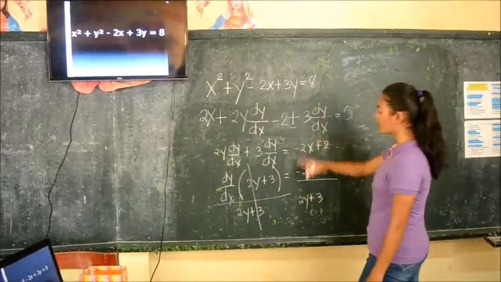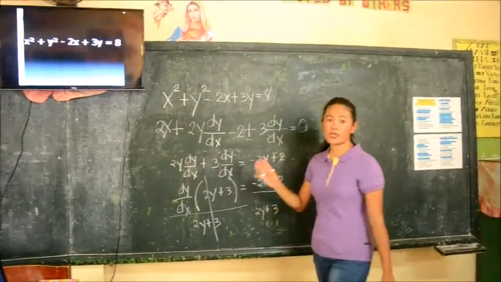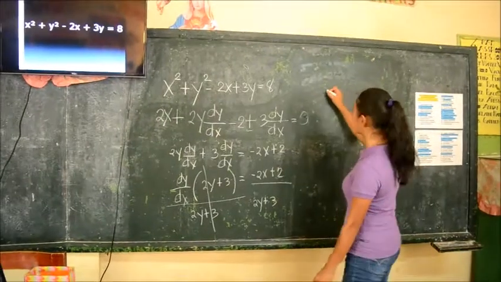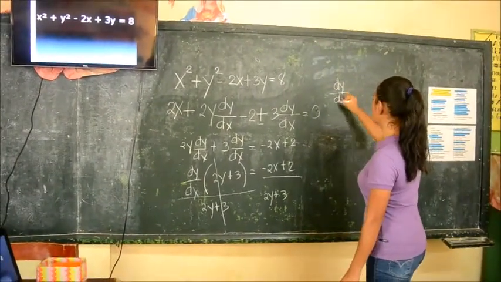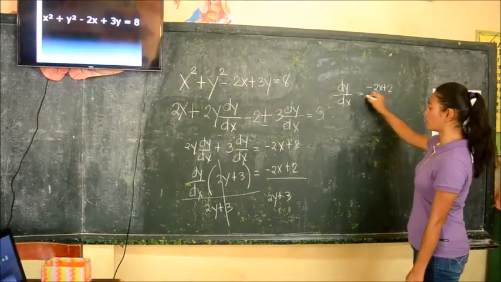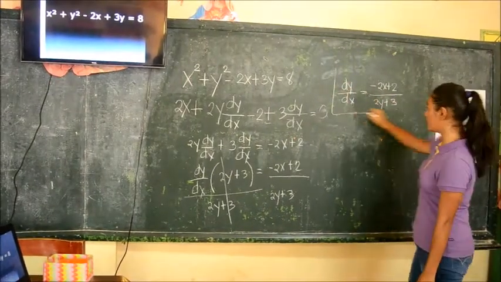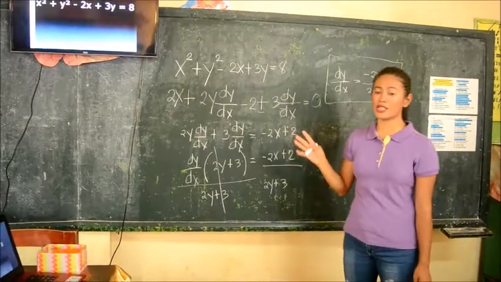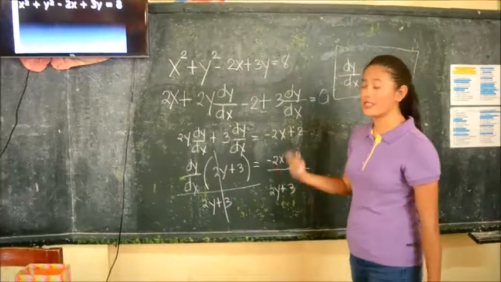So, the final answer of the equation x squared plus y squared minus 2x plus 3y equals 8 is dy over dx equals negative 2x plus 2 over 2y plus 3. This is the final answer. By the use of implicit differentiation, we can easily derive the equation in the easiest way.